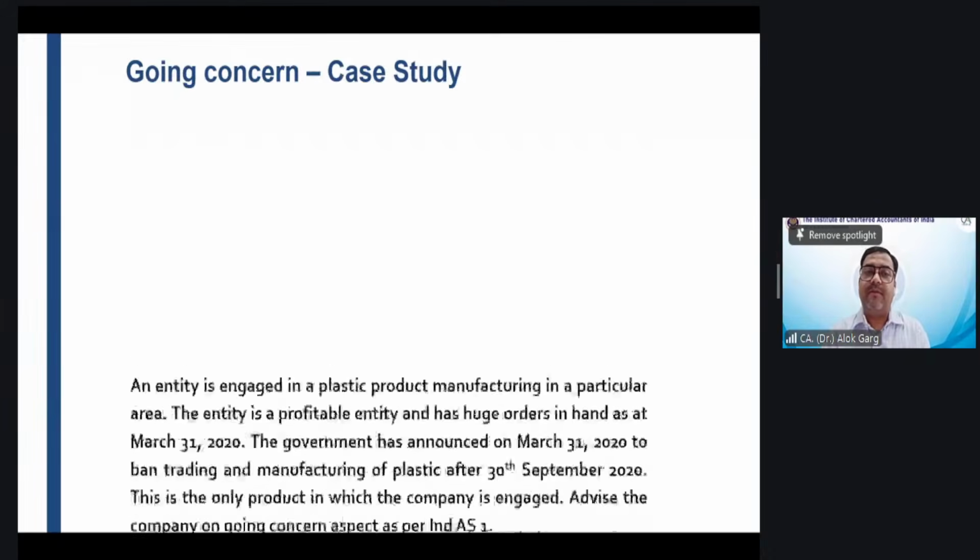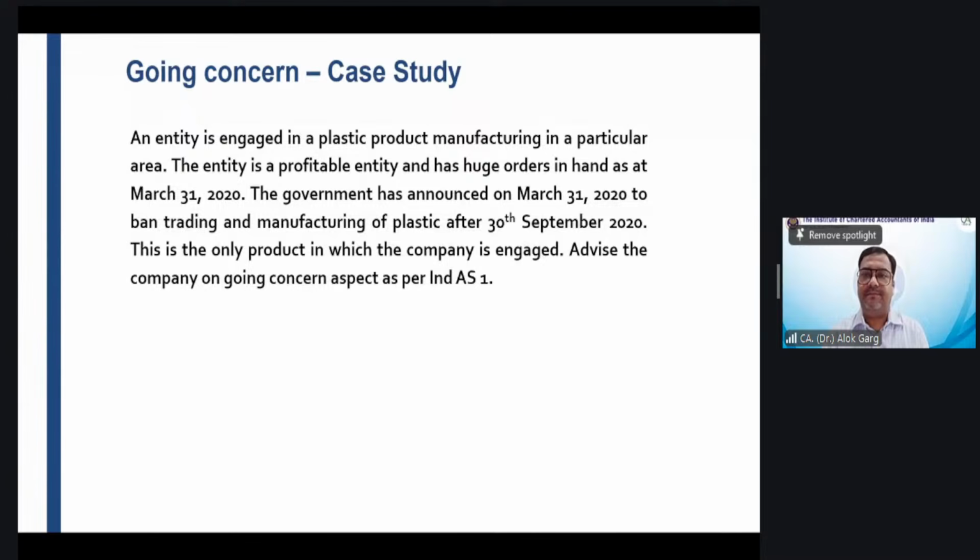Okay. Let's discuss this question. An entity is engaged in plastic product manufacturing in a particular area. The entity is a profitable entity and has huge orders in hand as on 31st March 2026.